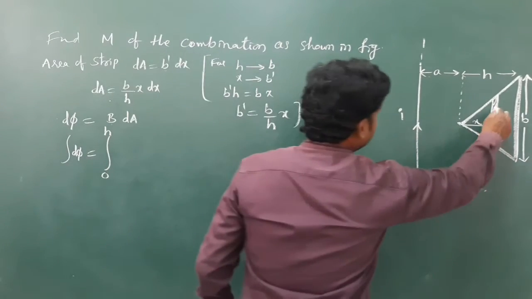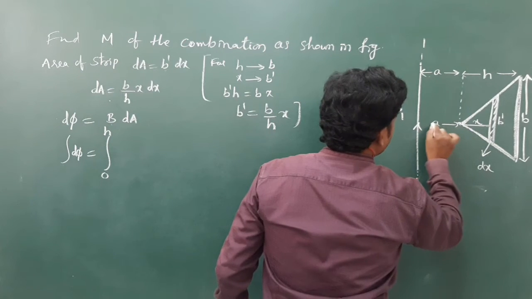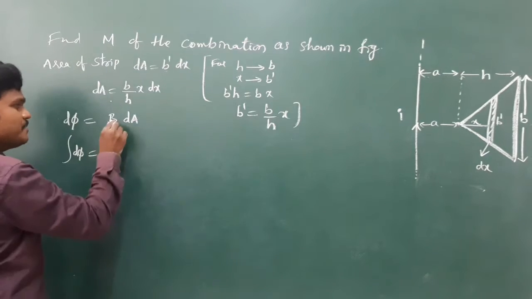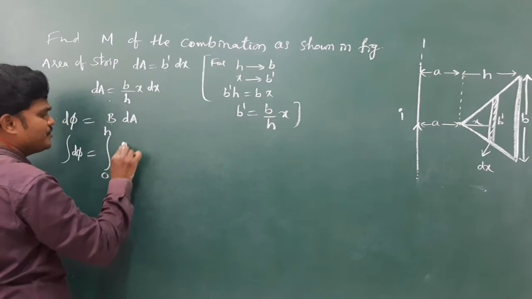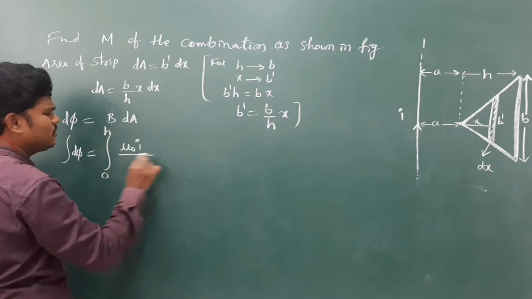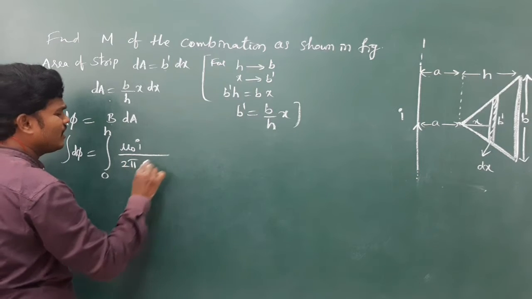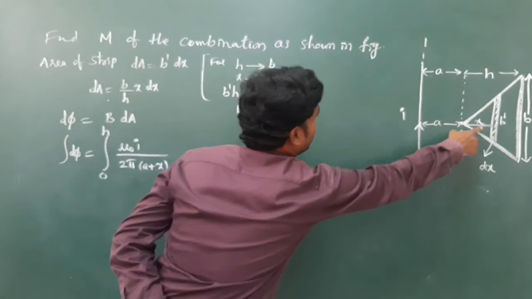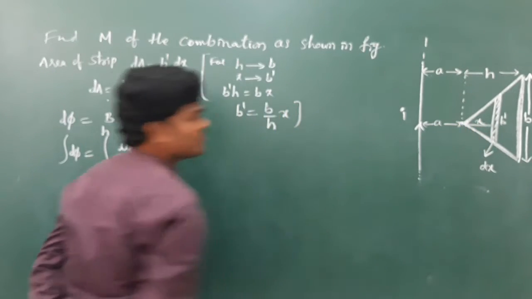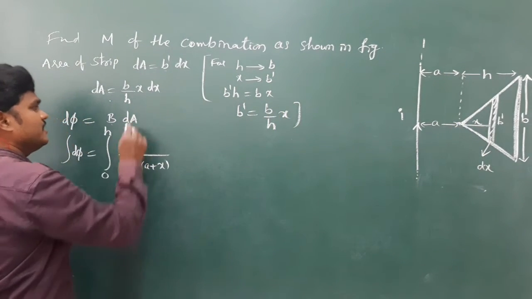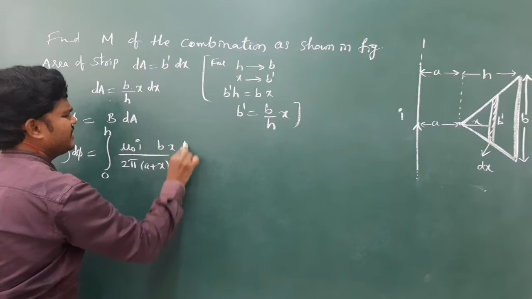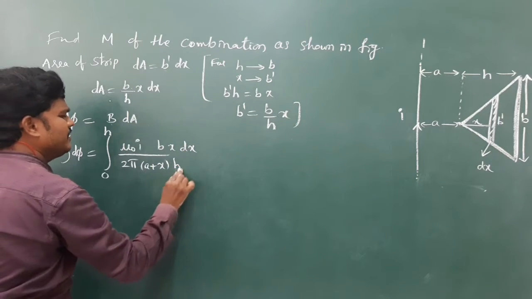Now this strip is at a distance of a plus x. So what is B? Magnetic field is mu naught I by 2 pi r, where r is nothing but a plus x. dA is b x dx by h.